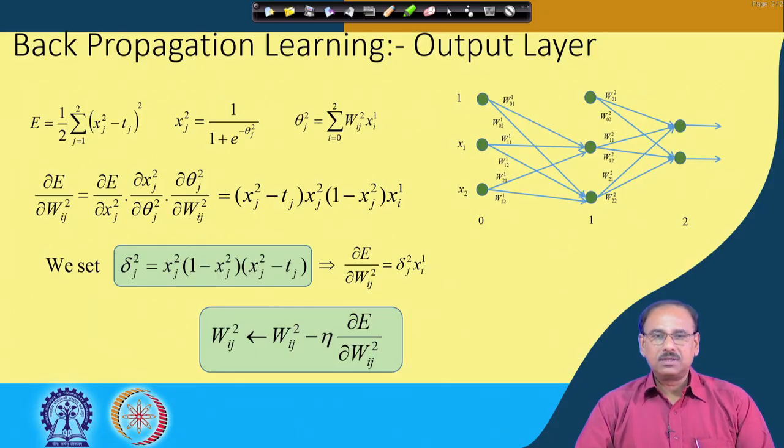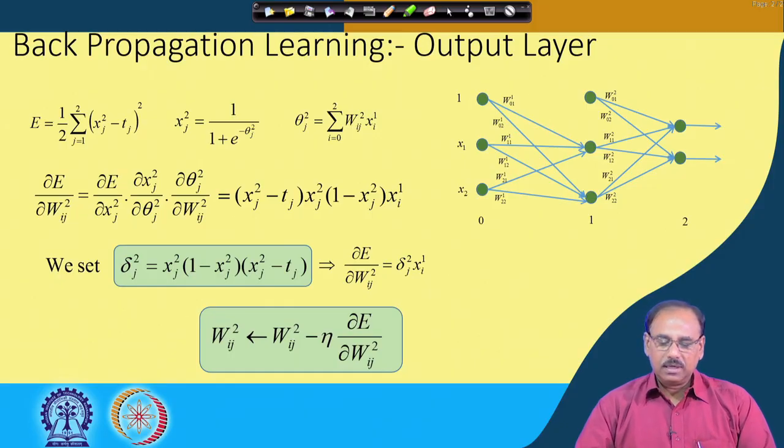In the previous class, we discussed how you adjust the weights at the output layer nodes by backpropagating the derivative of the error with respect to the weight components from the hidden layer node to the output layer node.